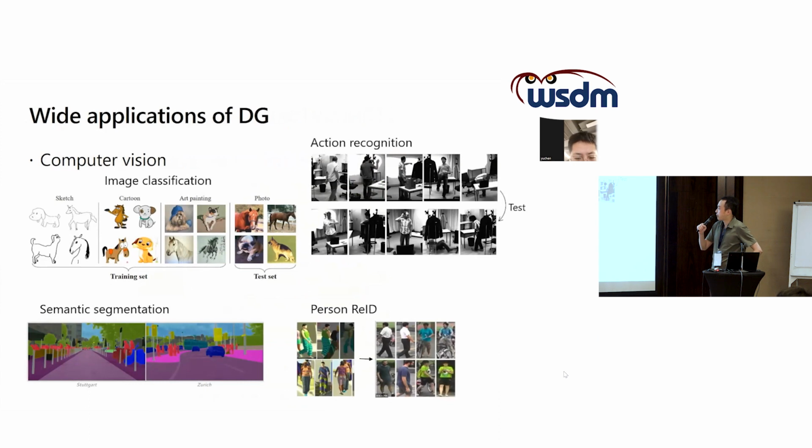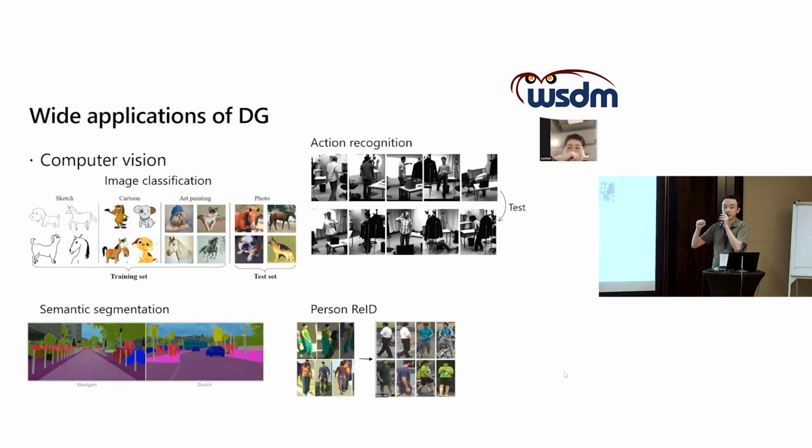The first one is a very popular dataset, actually one of the pioneer datasets in this research community, called PACS. As you can see, the data come from 4 different domains: photo, painting, cartoon, and sketch.